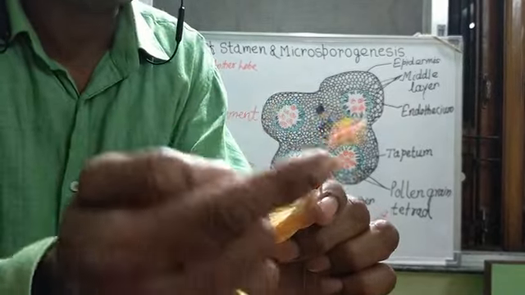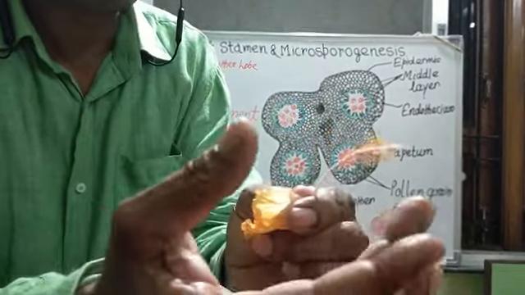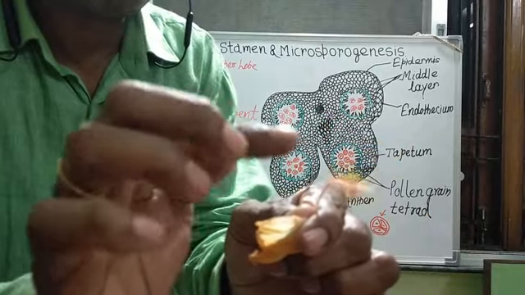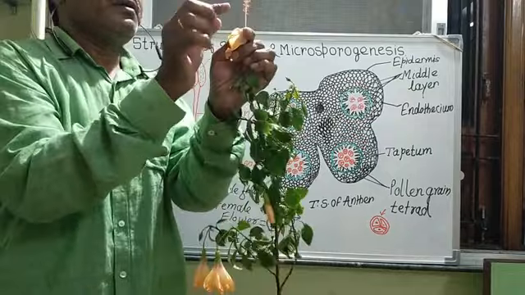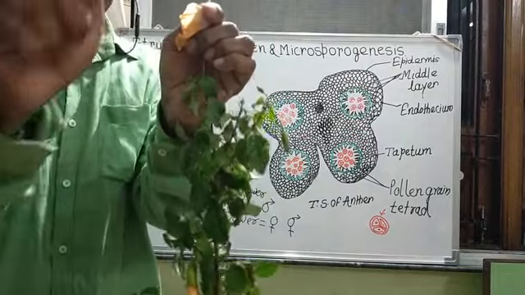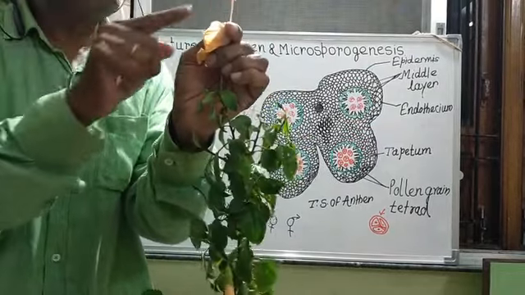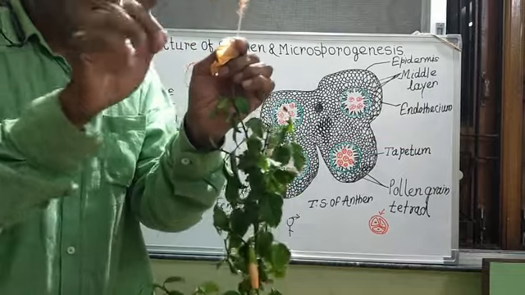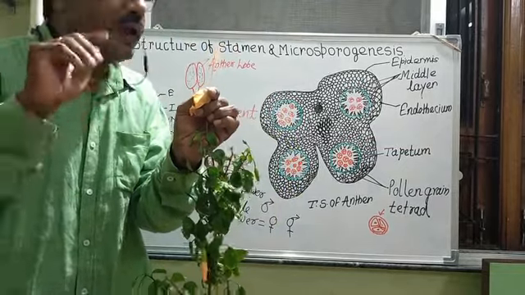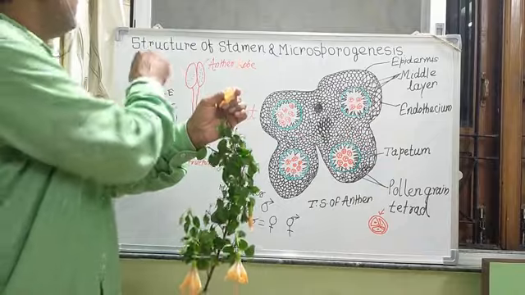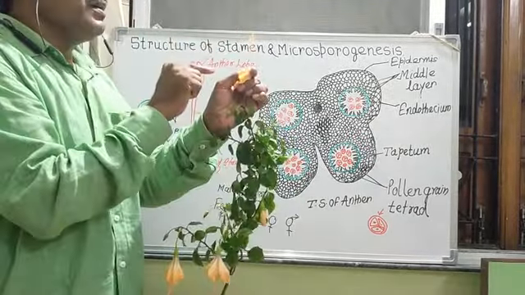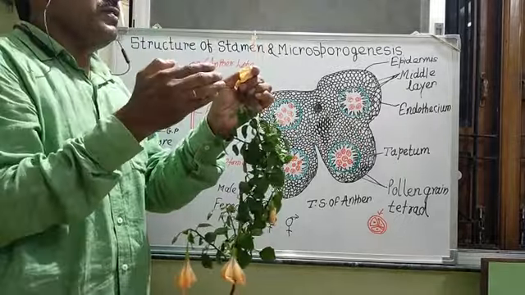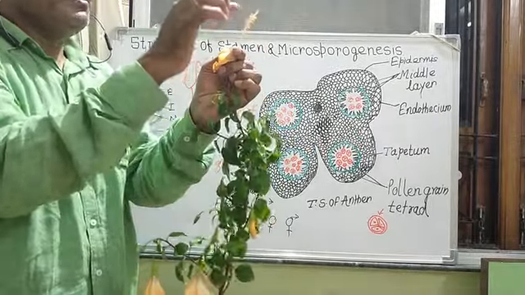And these yellow colored, monadelphous, numerous stamens are called stamens. So observe this carefully. In this period, we see the structure of stamens and microsporogenesis. So this is the stamen.